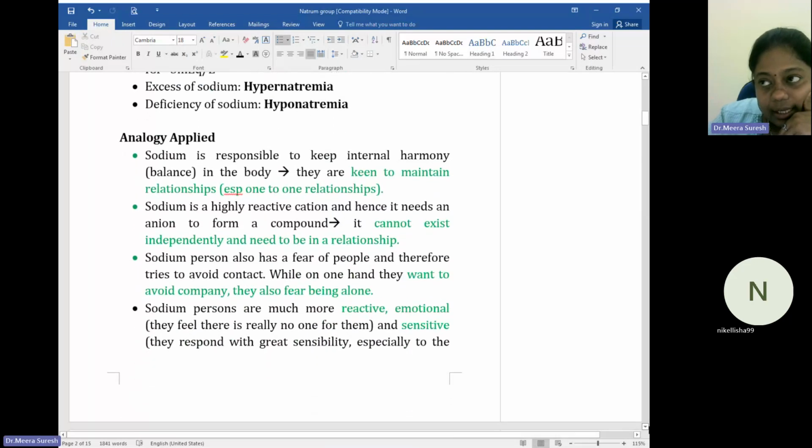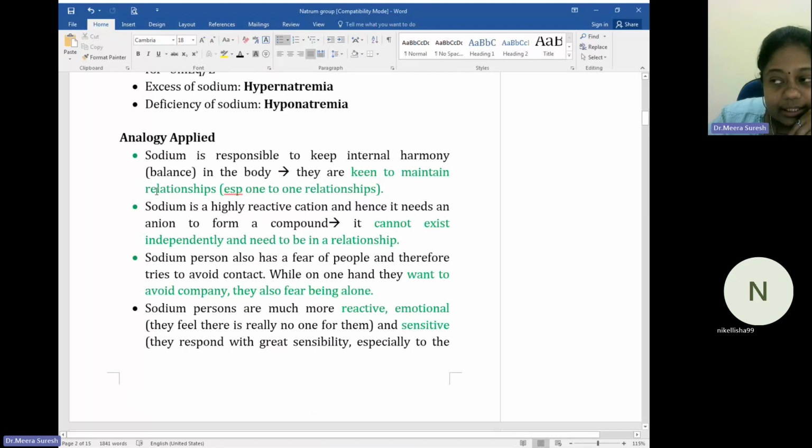And regarding the analogy that is being applied, sodium is an extracellular cation, and it is responsible for keeping the fluid balance, like an internal harmony or homeostasis in the body. You can see that these people are very keen to maintain relationships, especially one-to-one relationships.